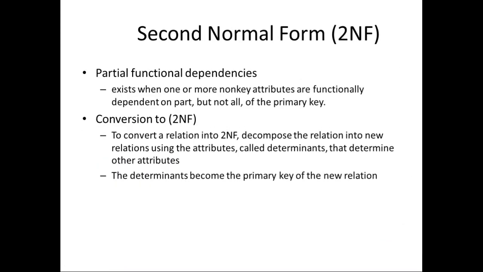Then our second normal form. Partial functional dependencies exist when one or more non-key attributes are functionally dependent on part but not all of the primary key. So again, if it is not dependent on both or all of the primary key, then we have to move that into another relation.